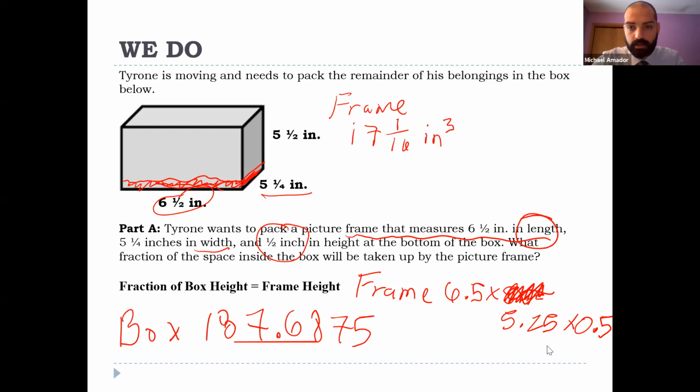Eric, I'm unmuting you. I think we should divide the volume of the box by the volume of the frame. So when we want to know how many times something can fit inside something else, we use division. Go ahead and find how many times the frame fits inside the box using division.